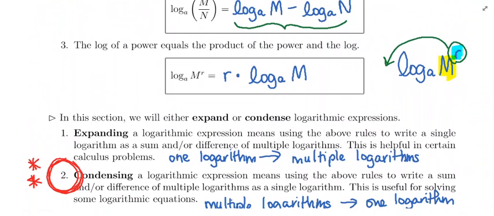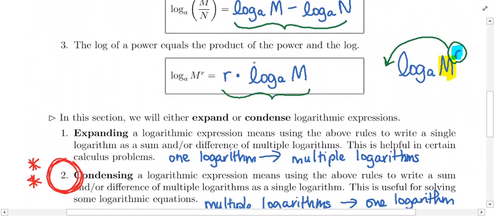If we have a number times a logarithm, we can do the reverse. The power has already been brought down, and we can bring it back up. You can move the number in front back up as the exponent.